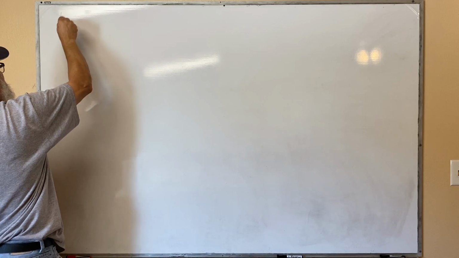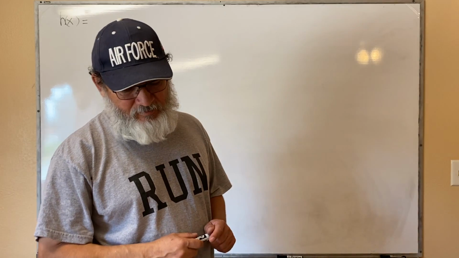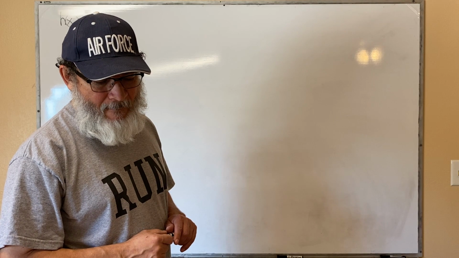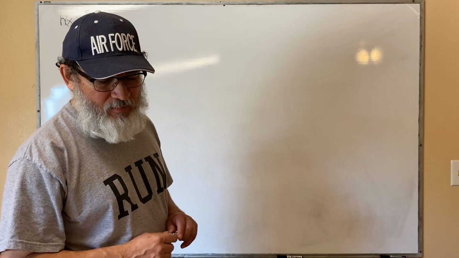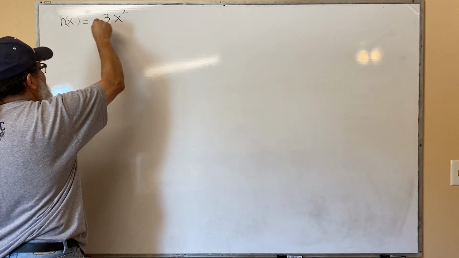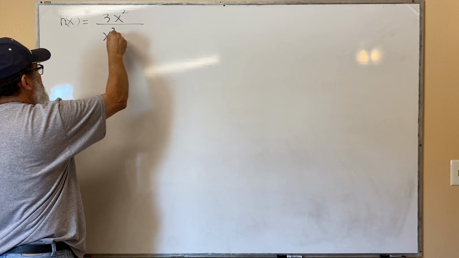Let's graph h of x, which equals 3x squared divided by x squared minus 9.